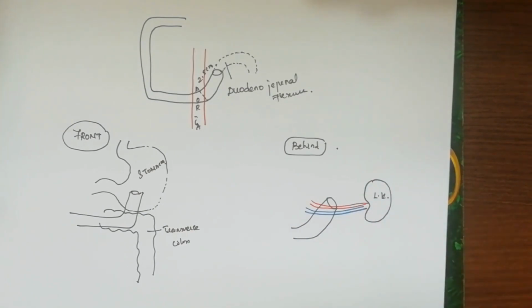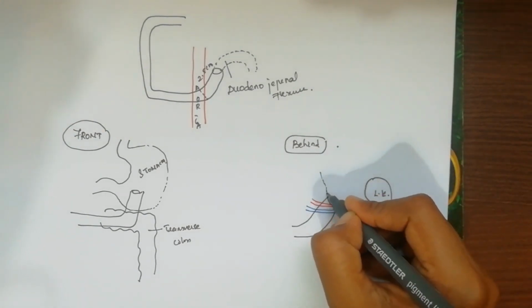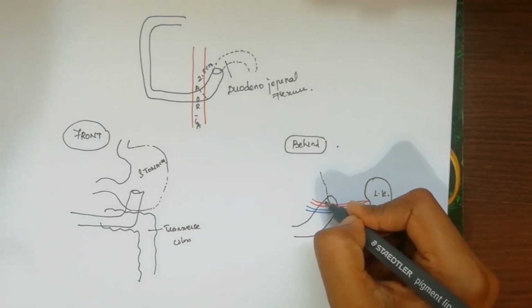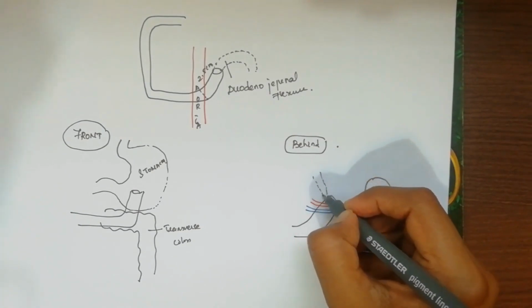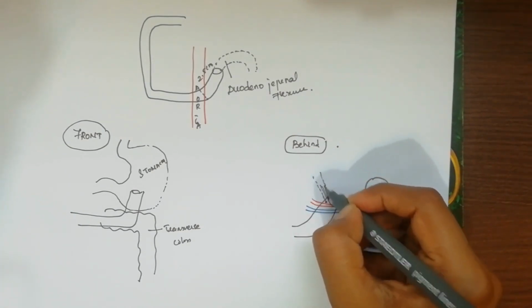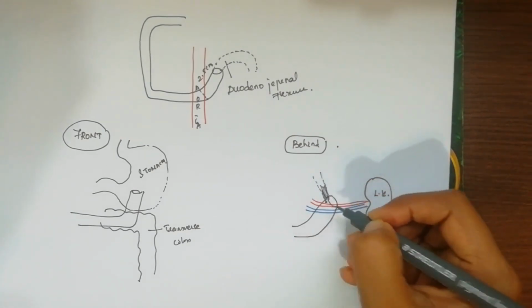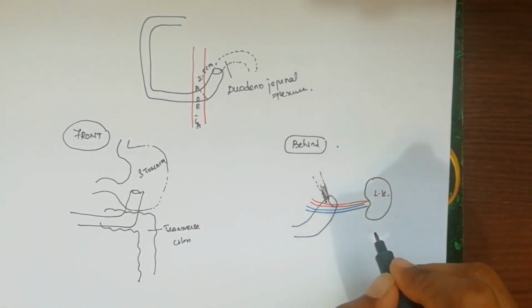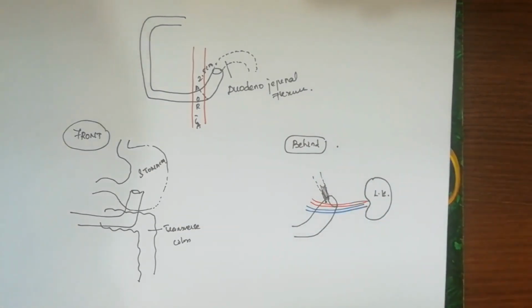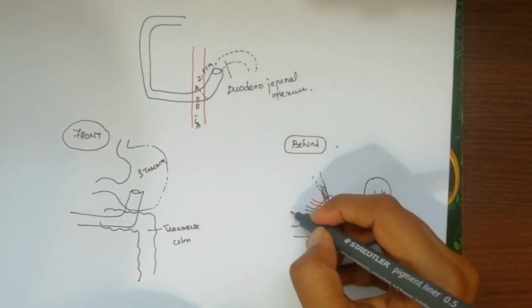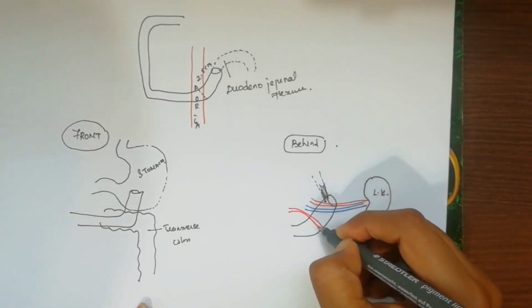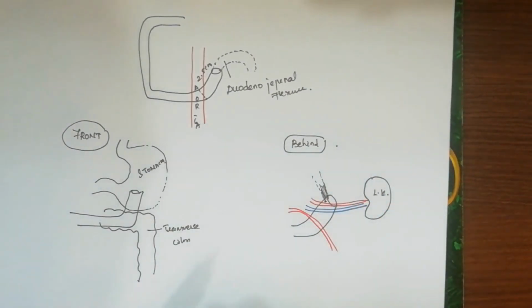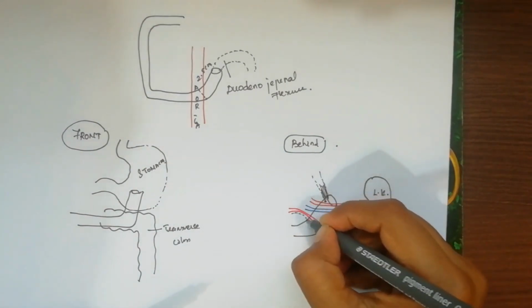Just behind the fourth part we have renal vessels passing. Along with this, some fibers of the diaphragm also take emergence from here. So the left crus of diaphragm, some fibers will be emerging just behind the fourth part of duodenum. And then the left gonadal vessels are also going to pass just behind the fourth part of duodenum.